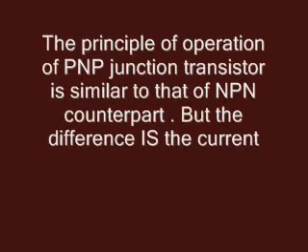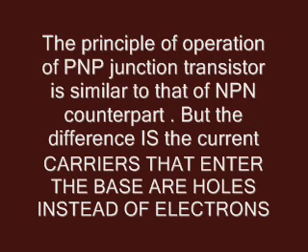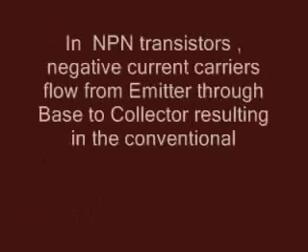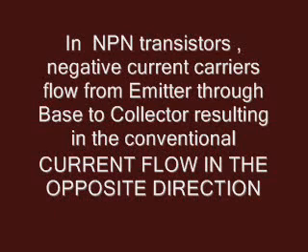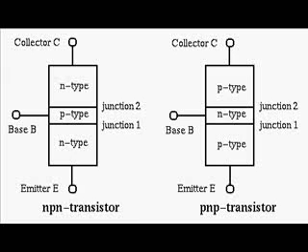The principle of operation of the PNP junction transistor is similar to that of its NPN counterpart, but the difference is that the main current carriers that enter the base are holes instead of electrons. In NPN transistors, negative current carriers flow from emitter through base to collector, resulting in conventional current flow in the opposite direction.